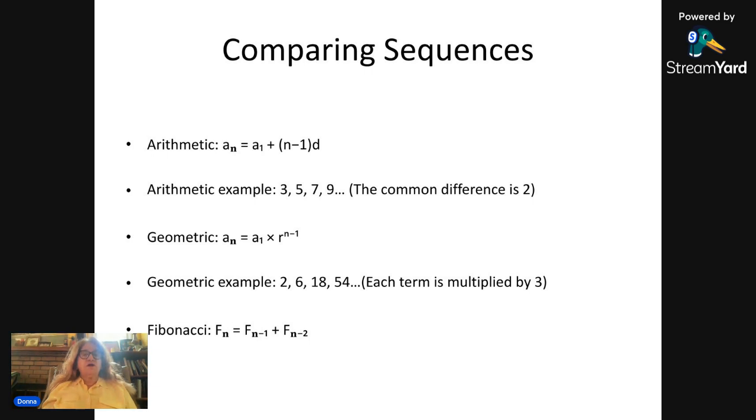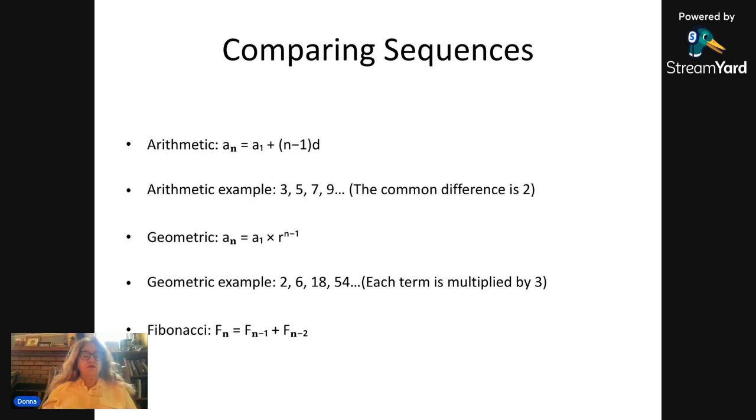It's also a good time in a lesson to talk about different kinds of sequences, such as arithmetic, geometric, and how those compare to the Fibonacci. For instance, an arithmetic sequence would be 3, 5, 7, 9, and you see that we are adding each time the number 2, and then geometric involves multiplication.